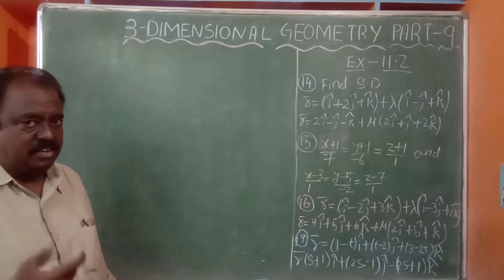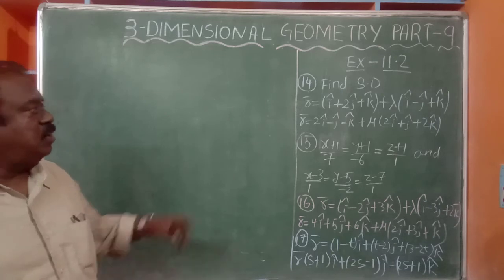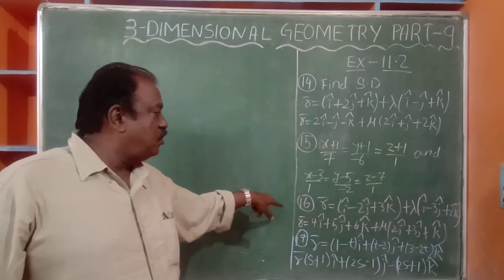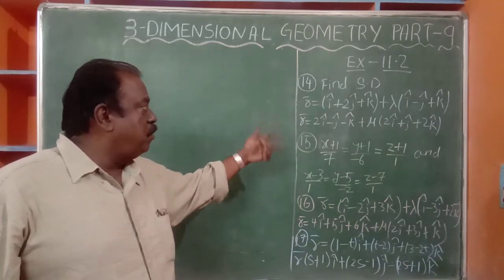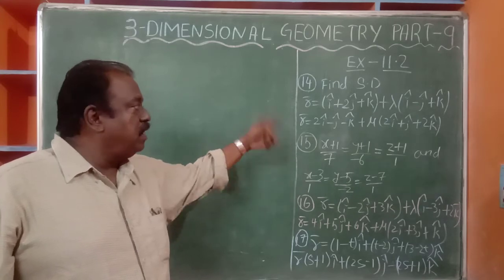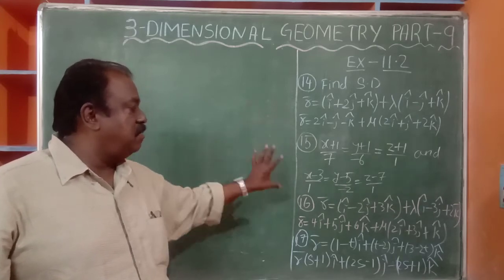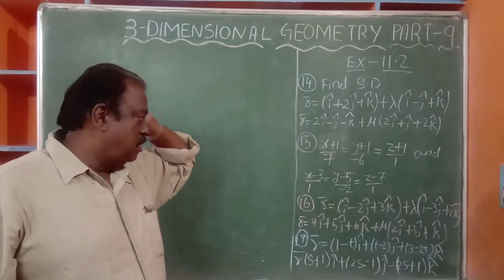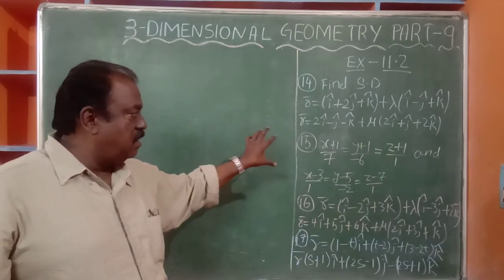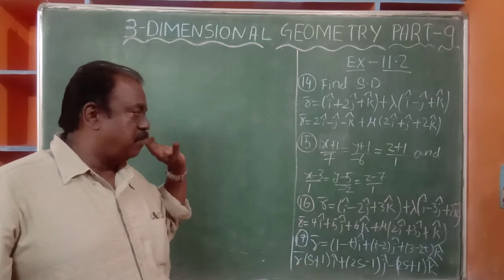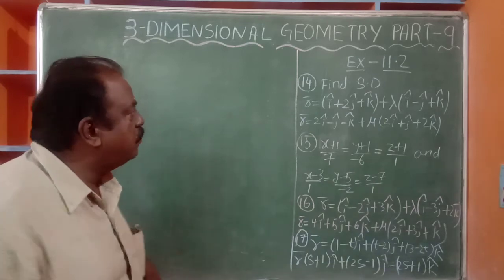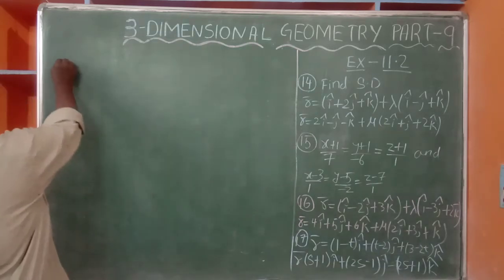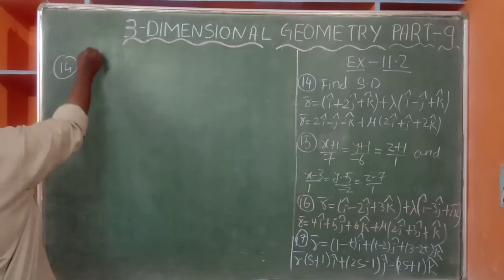SD means shortest distance. 14 and 16 are one concept, where the lines are given in vector form, whereas 15 is related to the Cartesian form. Now this is the 14th one.